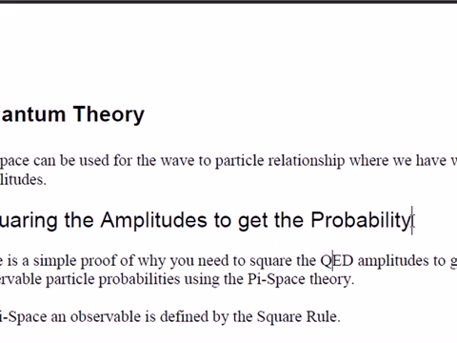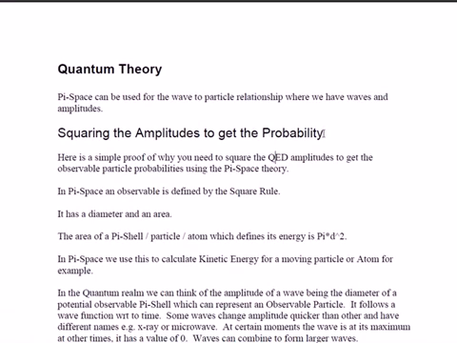And if we want to calculate the probability that something will appear, we have to square the amplitudes.